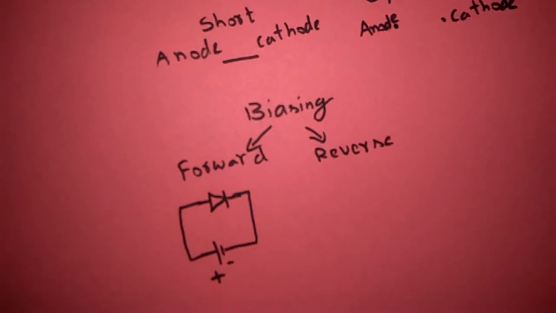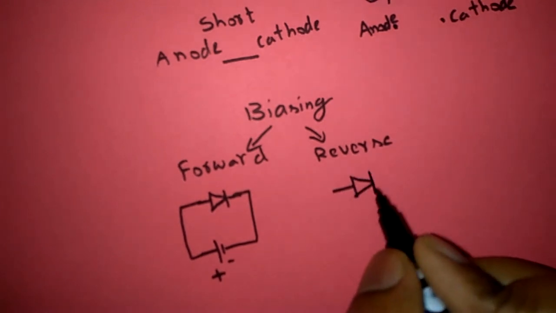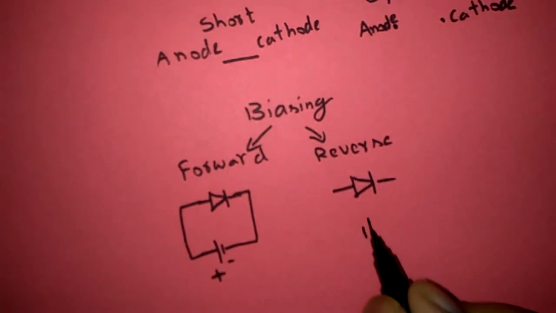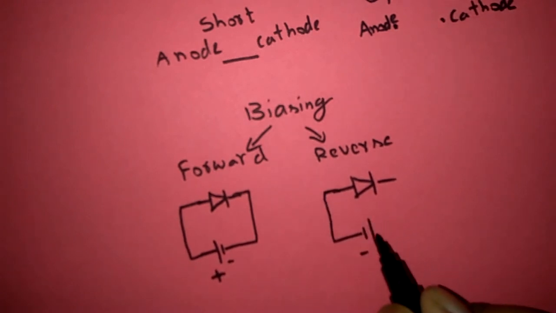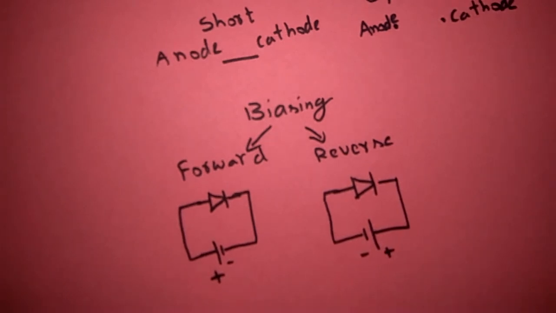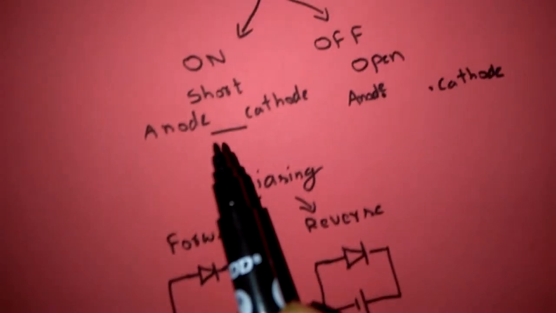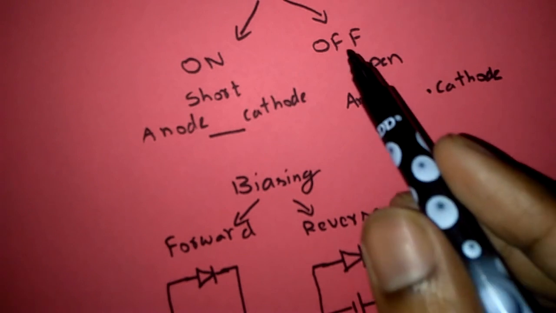If we reverse the terminals, that means again diode is like this and battery is like this. If negative terminal is connected to anode and positive terminal is connected to cathode, then this procedure is called reverse bias. During forward bias, diode acts like on switch. In reverse bias, diode acts like off switch.